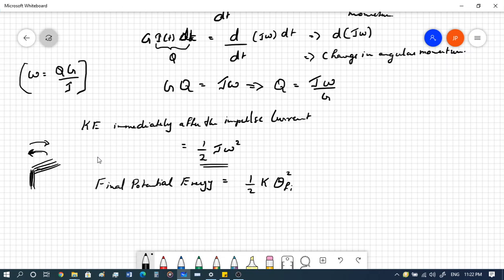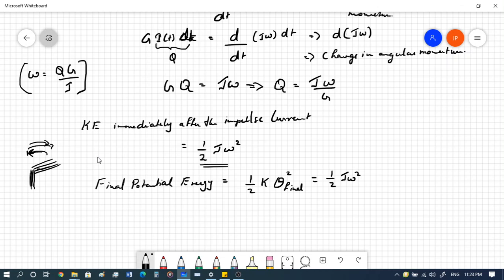This can be equated with the initial kinetic energy, because the entire kinetic energy gets converted into potential energy at the final point, and then it converts back into kinetic energy, and to and fro it continues. That is how the oscillation happens.